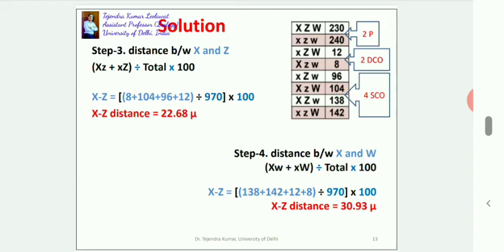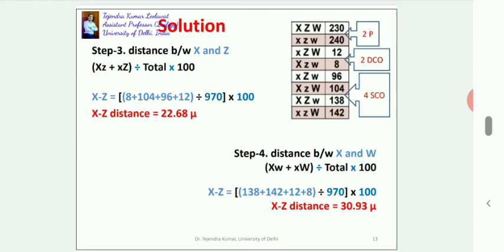After this calculation, you have to multiply by 100 to get the percentage value. So XZ is showing 22.68 mu. Actually it is written as mu or map unit, or it is also mentioned as centimorgan, which I discussed in the previous slide.